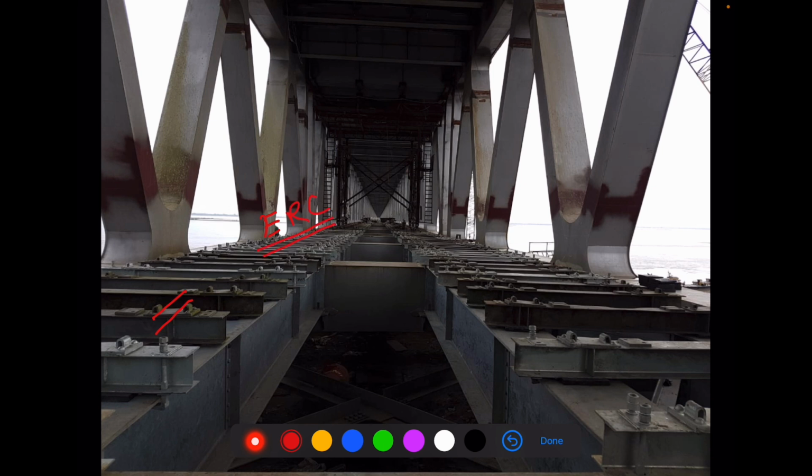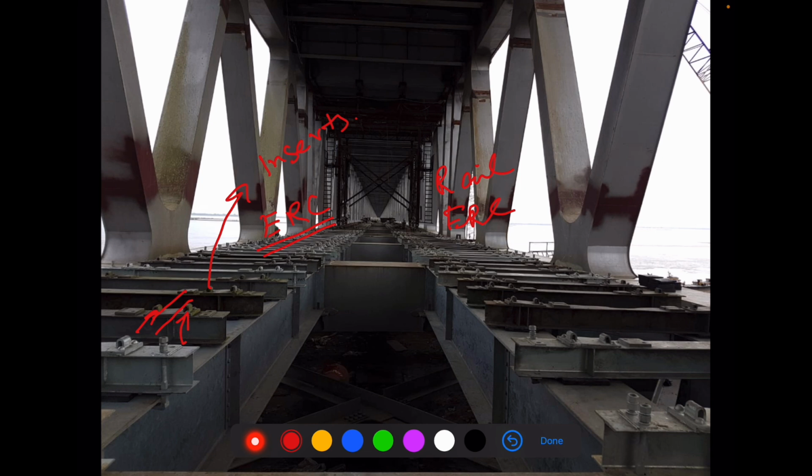These elastic rail clips go into these projected holes. These are called inserts. So first we put the rail and then we put the ERC into these inserts so that the rail is secured tightly with the steel bridge sleepers.